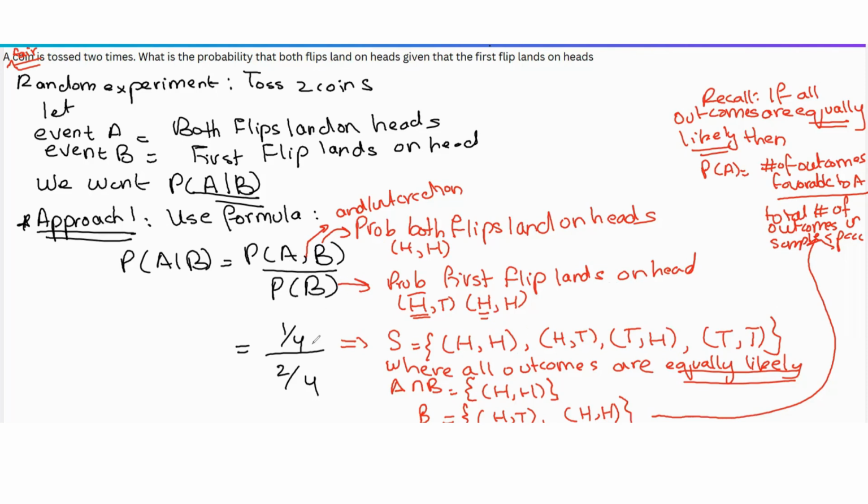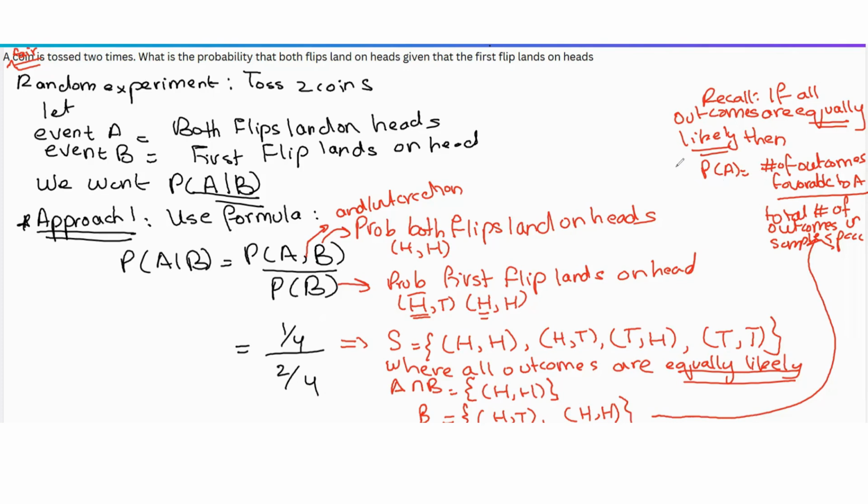So probability of A and B is simply the number of outcomes favorable in A intersection B, which is one, where both flips are heads. That's why we have one here, divided by total outcomes in sample space, which are 1, 2, 3, 4. Similarly, probability of B would be number of outcomes favorable to B, which is 2, divided by total number of outcomes in sample space, which is 4. So we found each of these probabilities in the numerator and denominator in our formula.